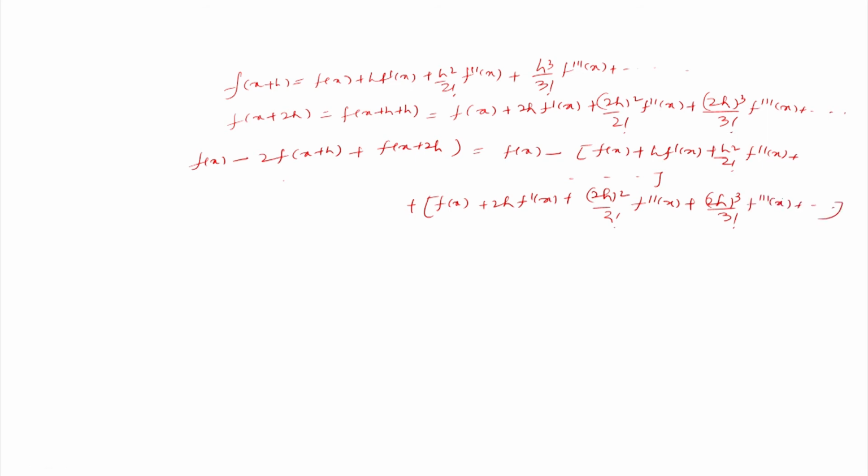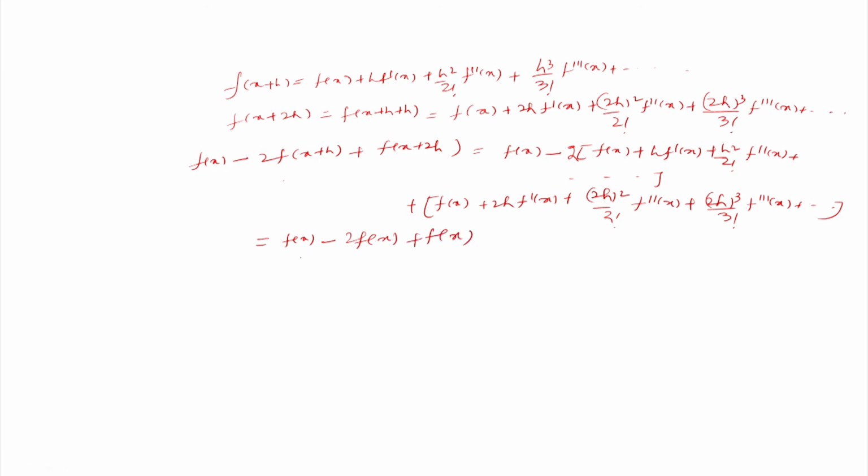Likewise, if we combine all these terms, this is minus f of x, this is plus f of x, so it cancels out. We are just multiplying by 2 here. So this is f of x minus 2 f of x plus f of x.